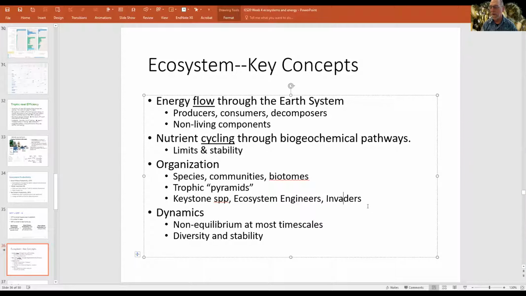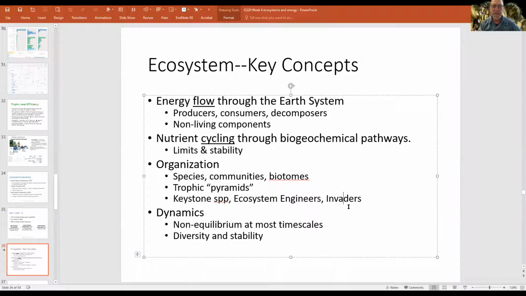And so there's a great deal of concern that the Burmese python is altering the characteristics of the Florida Everglades and elsewhere by consuming organisms, everything from rabbits to raccoons, and even deer, and in some cases alligators are eaten by these voracious predators. The removal of these natural components of the system alters the ecosystem. So invaders can really change the characteristics of the ecosystem in unpredictable ways.